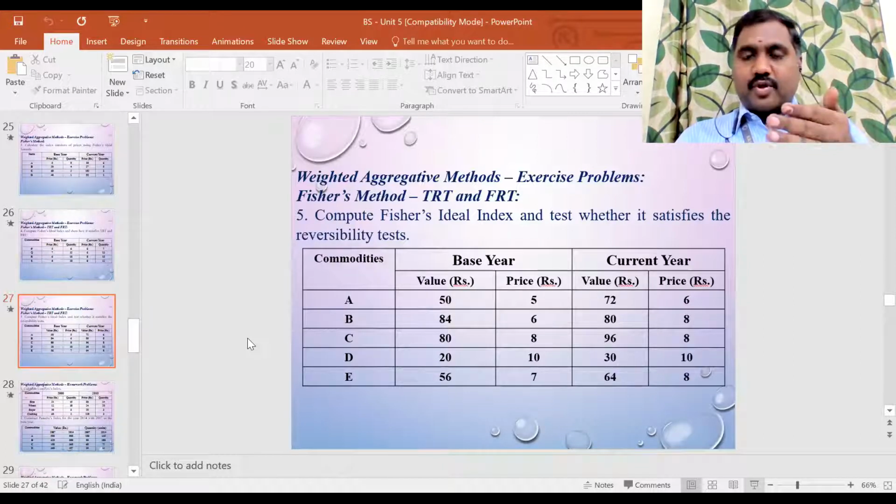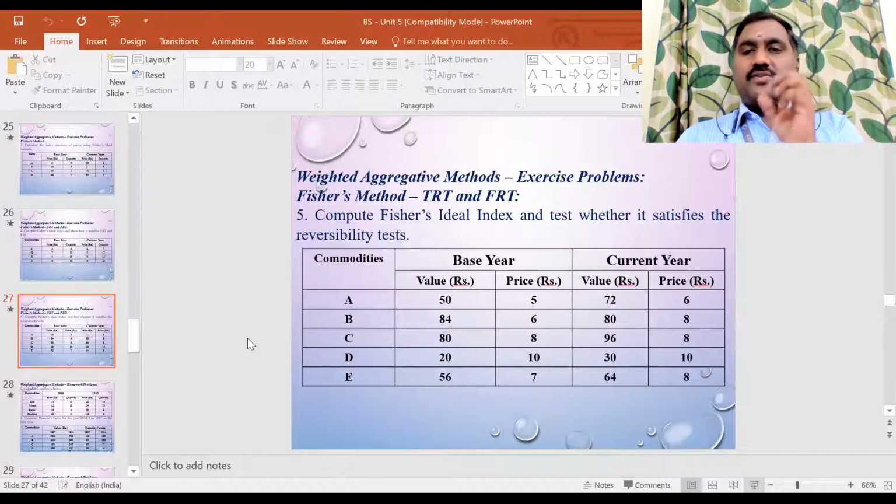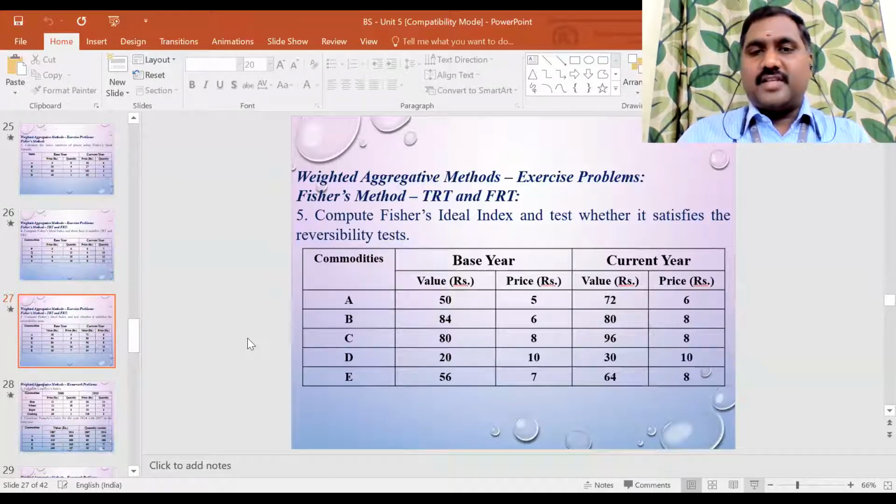So for this problem, create one more table for finding the quantity, and then put the price and quantity in the respective tables. Find all the four combinations, do the Fisher index method, and prove TRT and FRT. You people can try this. Tomorrow I'll ask anyone to tell me the steps and answer, and I will work it out on the document. Take down this problem.